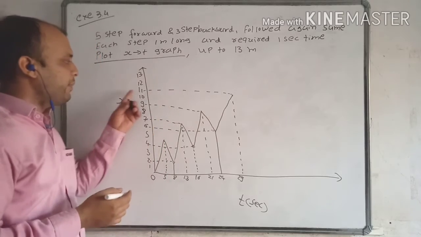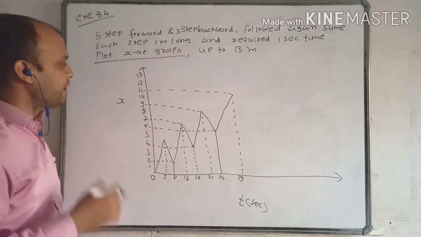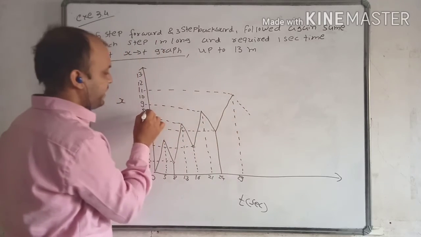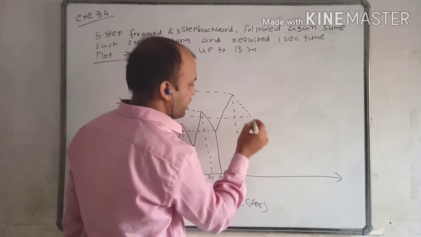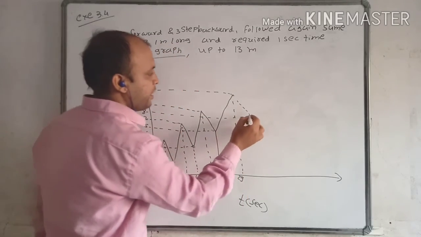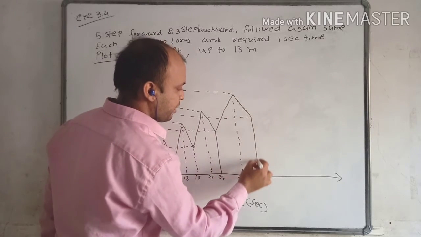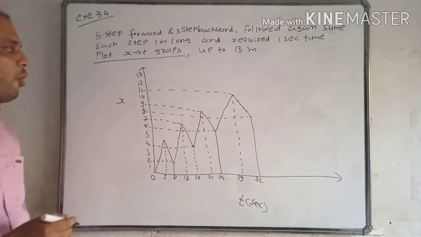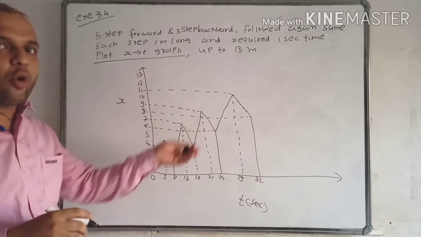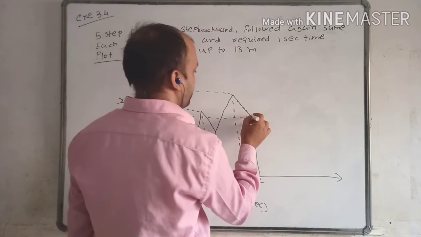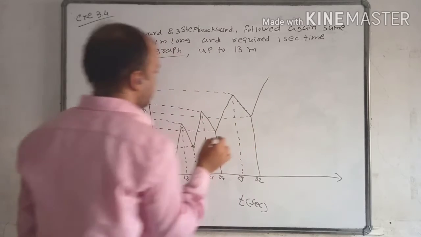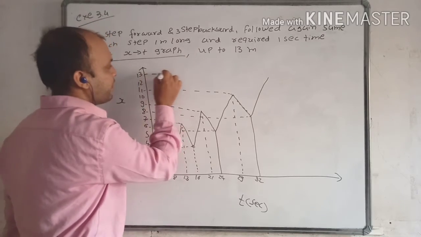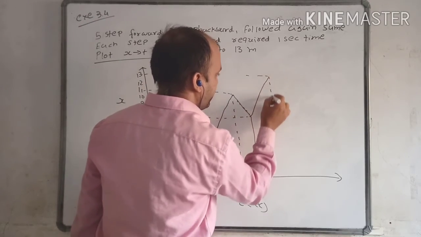On reaching 11, he returned 3 steps again, so he reached 8 meters. For that he needs another 3 seconds, so the total time is 29 plus 3, that is 32. On reaching 8, he again walked 5 meters forward, so 8 plus 5, that is 13 meters.